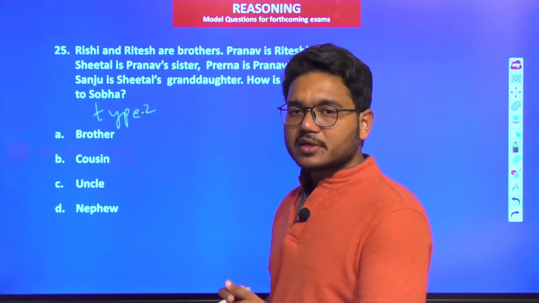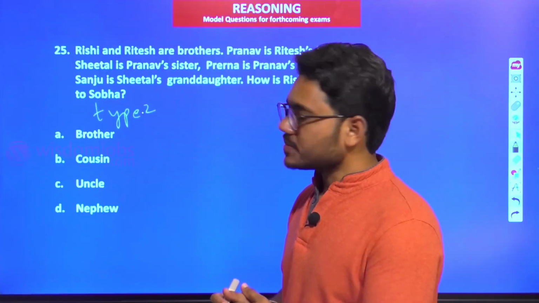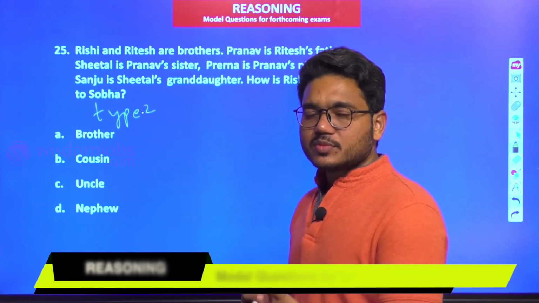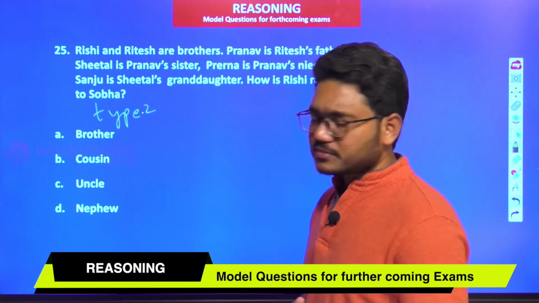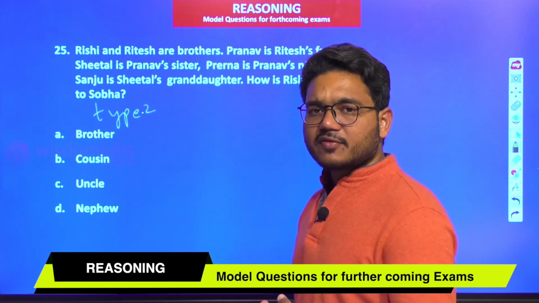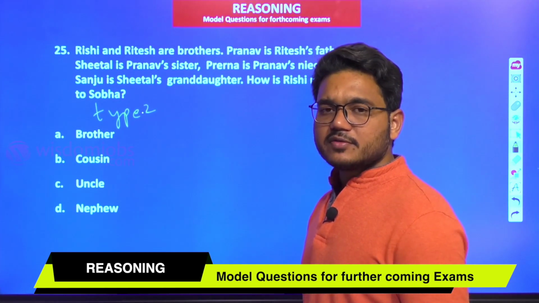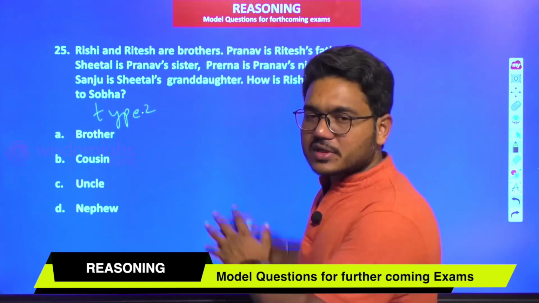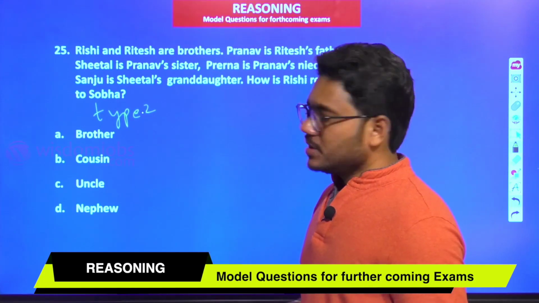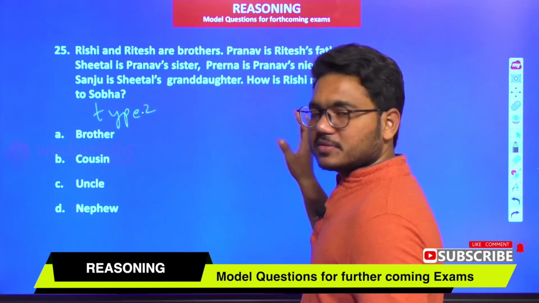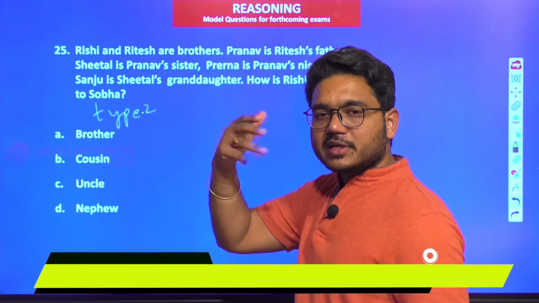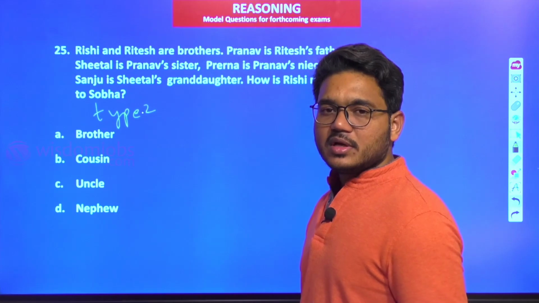We have explained how to solve type 2 problems: we need to draw the family tree. Most of the time a relationship tree will help you, so first read the question fast, so that while reading you get some idea how to go ahead.